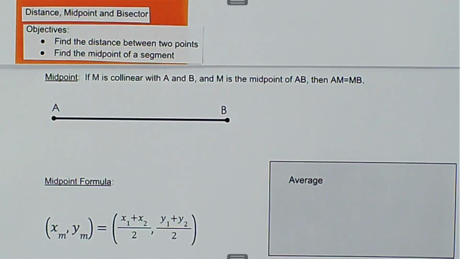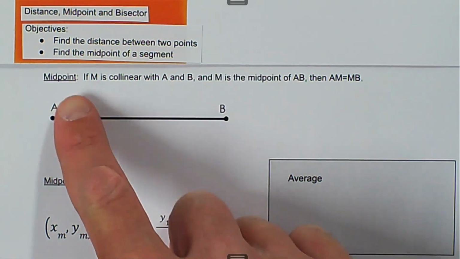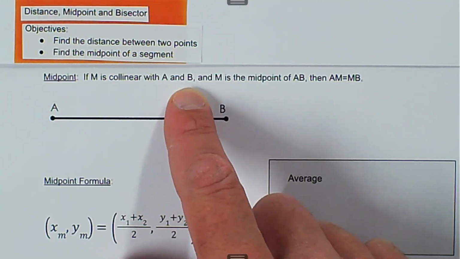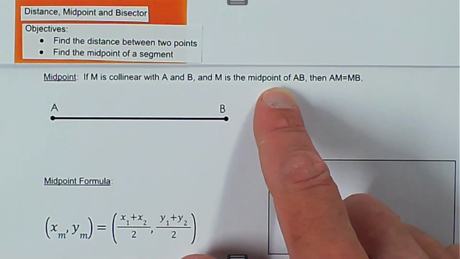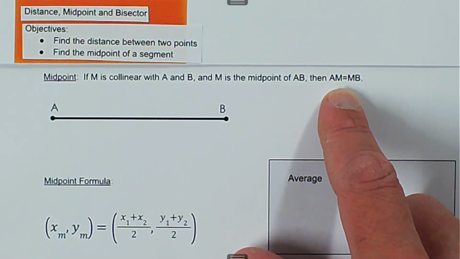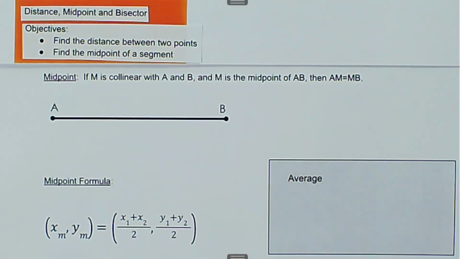We were talking about midpoint, and we want to be able to find the midpoint of a segment. So midpoint: if M is collinear with A and B, and M is the midpoint of A and B, then AM is equal to MB.